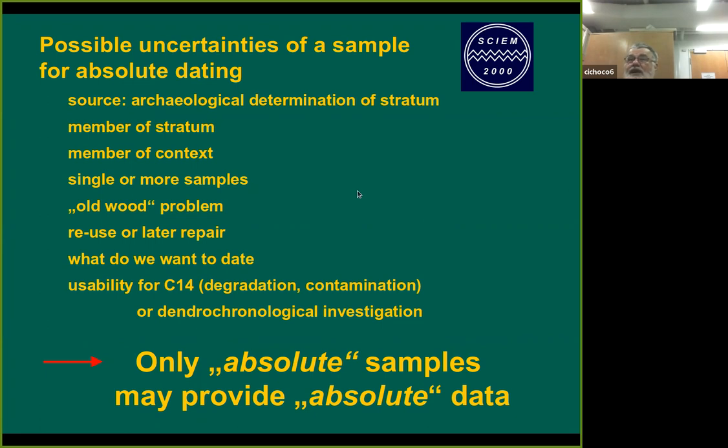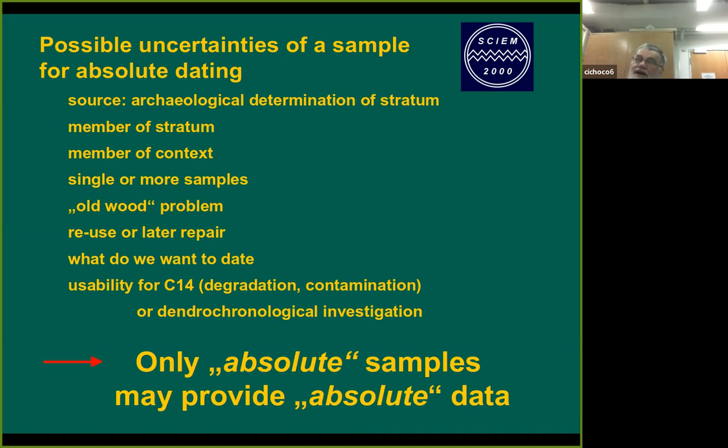Yeah, there are a lot of problems which can produce samples which are not helpful for archaeologists. And then, of course, it's from the side of the archaeologist to determine whether the sample is useful or not. So it has to be certain that the sample belongs to the stratum you want to date.